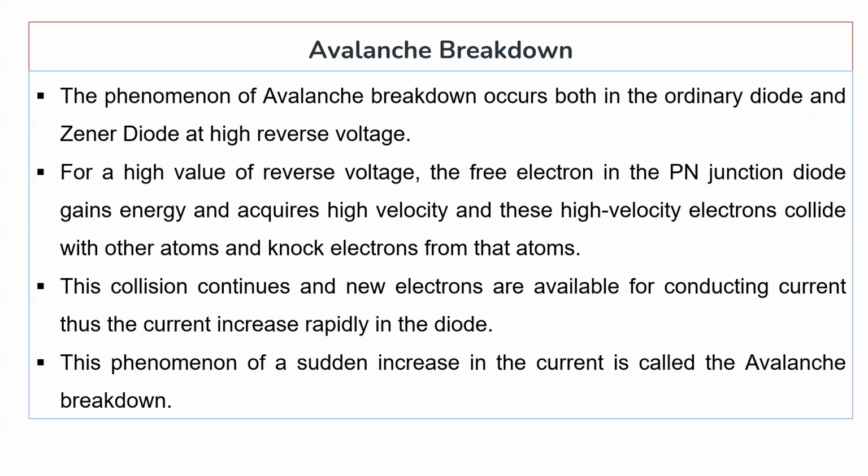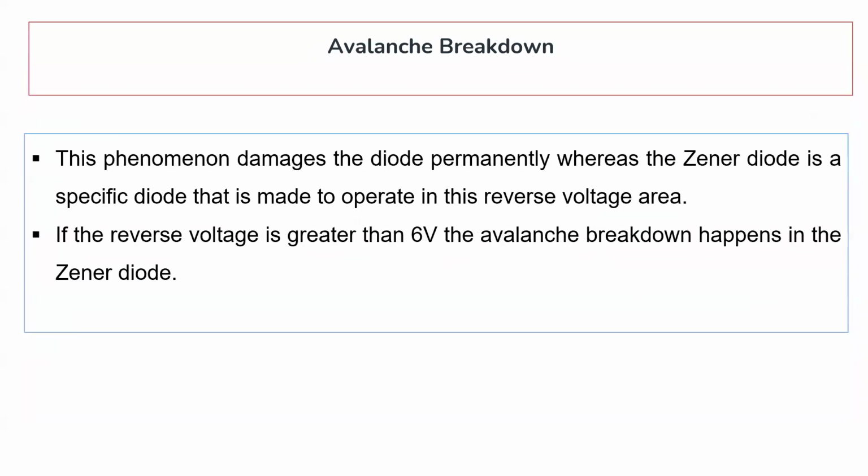This increases the energy and velocity, and these high velocity electrons collide continuously, so the current increases rapidly in the diode. This phenomenon of sudden increase in current is called avalanche breakdown.